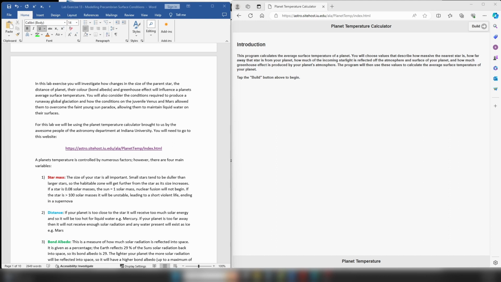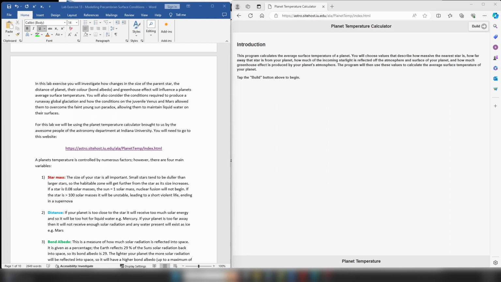And the factors we're going to be changing will be the size of the parent star, the distance of the planet to the parent star, the Bond albedo of the planet, how light or dark it is, and the intensity of the greenhouse effect that the planet possesses. And so we'll use these 4 variables and put them into a calculator, and it will calculate the surface temperature for those given values.